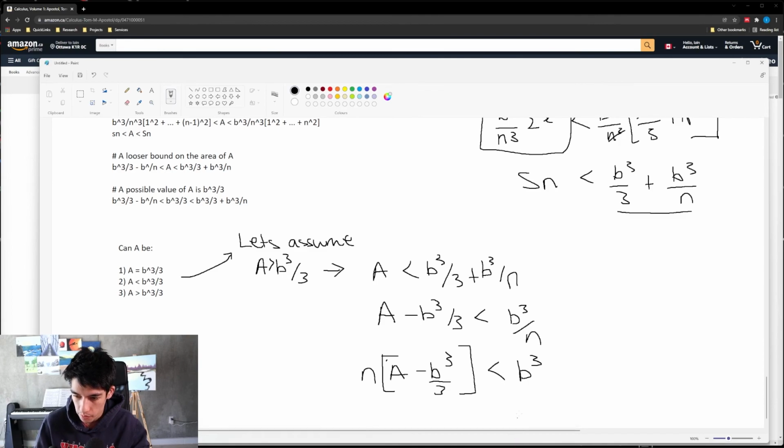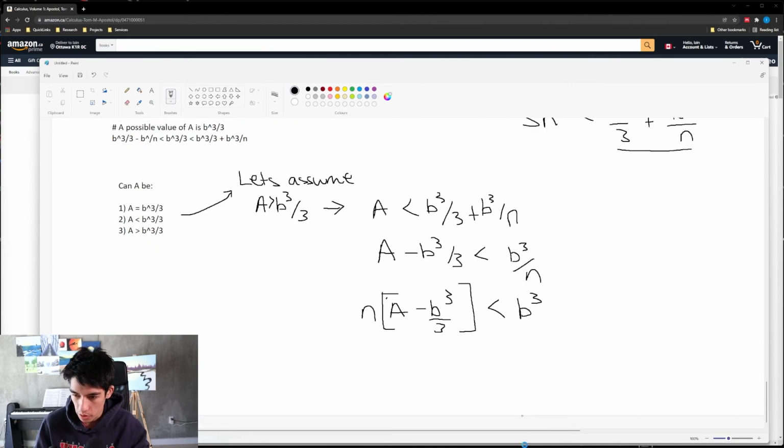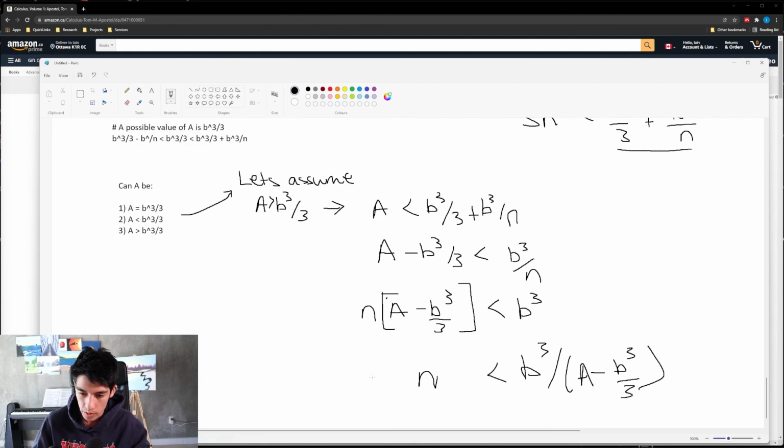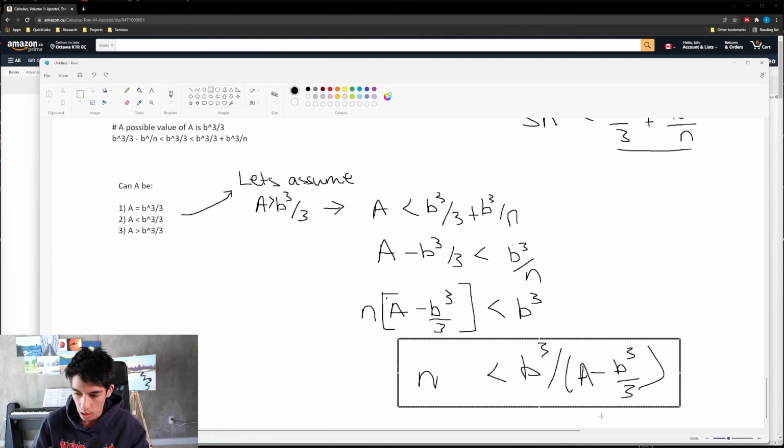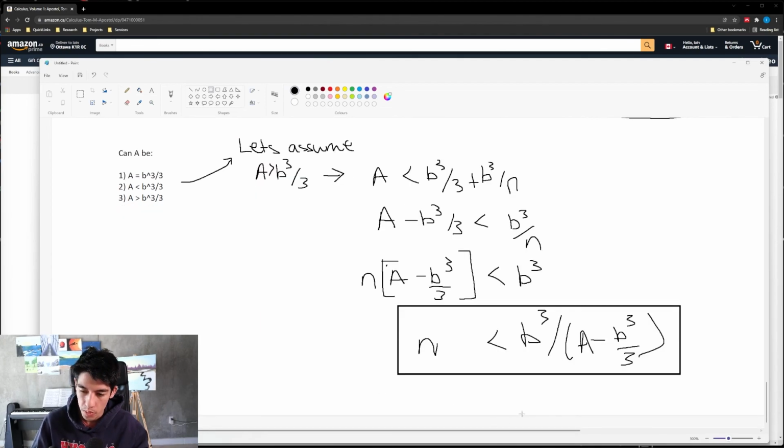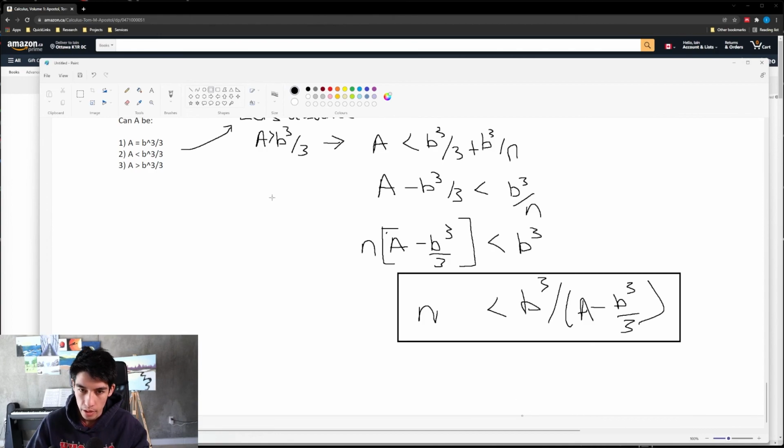And then continuing this forward, if I divide both sides by a minus b cubed over 3, we can see that what this suggests cannot be true.